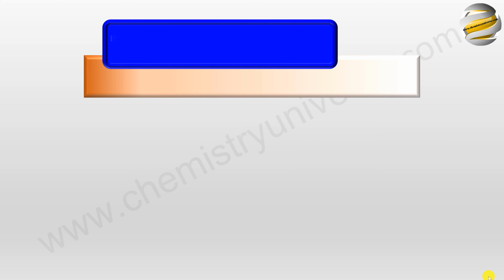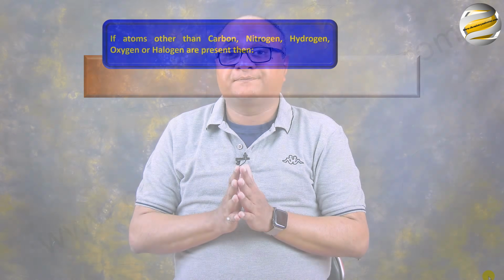Now the question may arise, what happens if you have elements other than these? If atoms other than carbon, nitrogen, hydrogen, oxygen or halogen are present, there is still a formula for that. But here there is a bit of a problem: the formula will only work if you know the valency of these elements. Say, for example, phosphorus. Phosphorus generally has valency 3, but not necessarily. Remember, it can expand its octet.